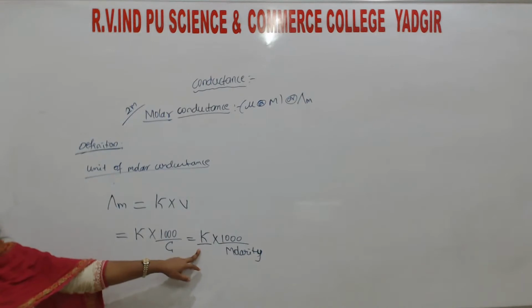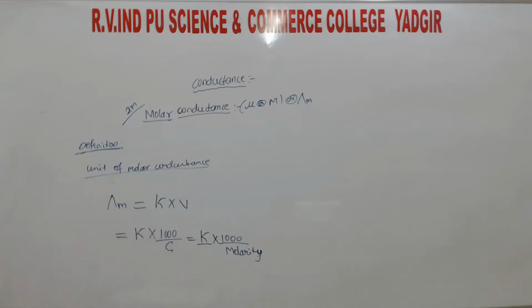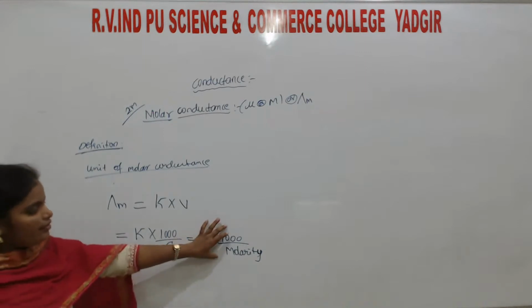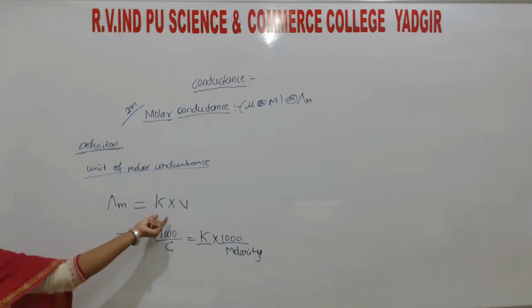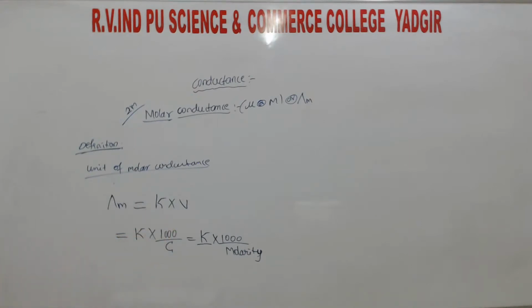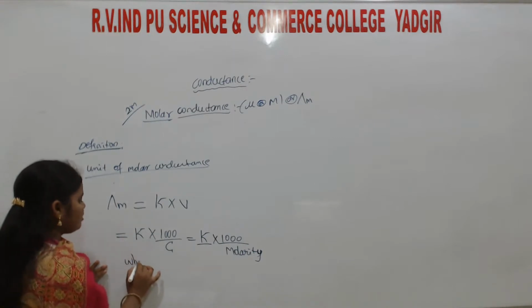Here 1000 divided by molarity, and the unit obtained is per mole, centimeter square. Here K is the specific conductivity, V is the volume of the solution containing 1 mole of electrolyte, and C is the molar concentration.